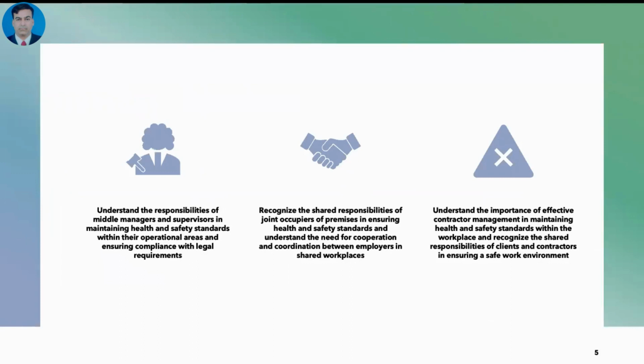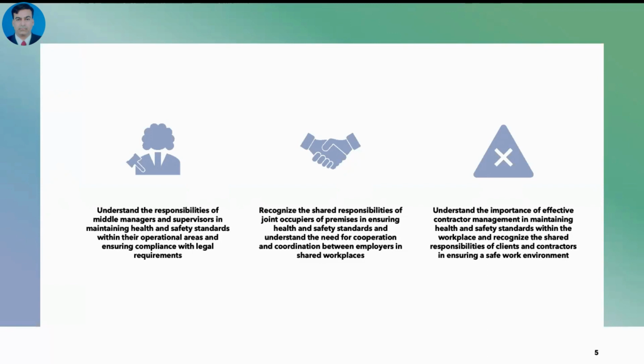Number five objective is understand the responsibilities of the middle managers and supervisors in maintaining health and safety standards within their operational areas and ensuring compliance with legal requirements. Number six, recognize the shared responsibilities of joint occupiers of the premises in ensuring health and safety standards and understand the need for cooperation and coordination between employers in shared workplaces.